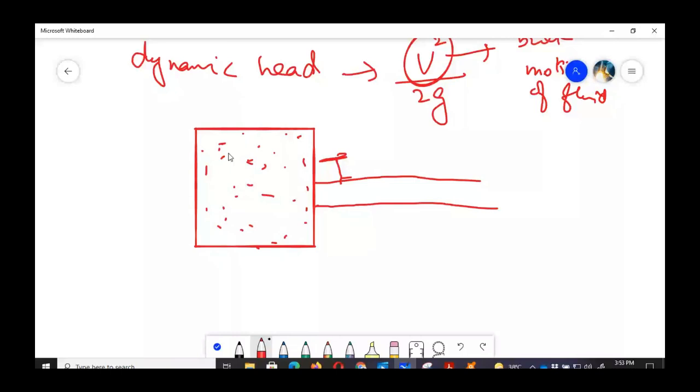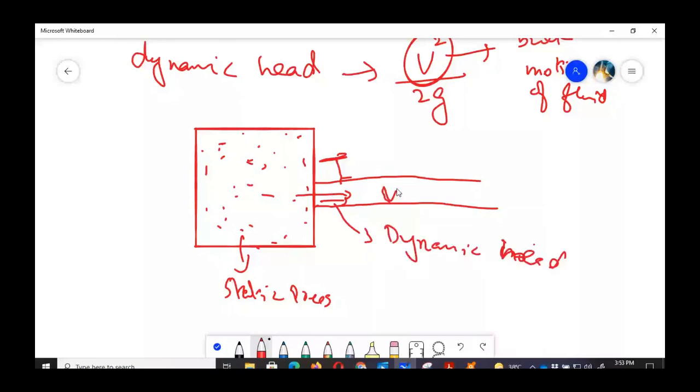But if we open the valve, the gas would start to flow. Then the pressure of this gas would be less than when the valve was closed, and a part of it would be converted into dynamic head, which is due to the motion of the fluid. So it means the velocity V is going through this, and then if we take a certain reference point, that is the elevation head.